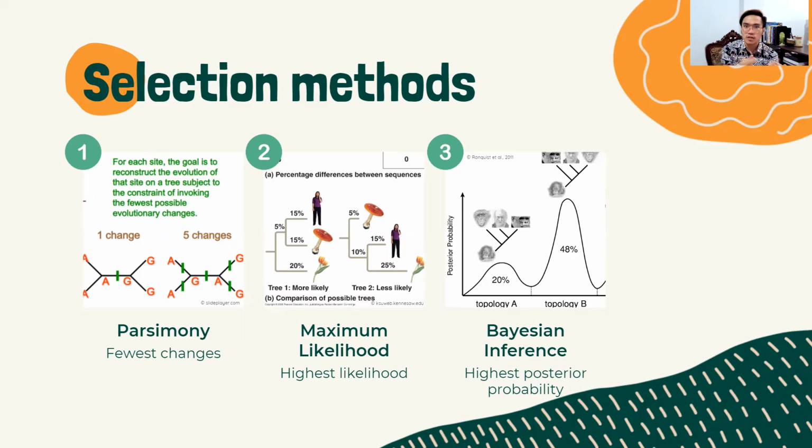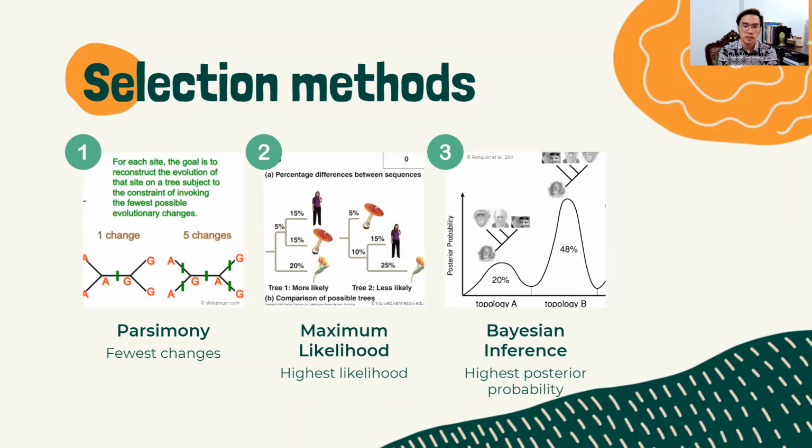And you can actually count the number of changes in the tree. Now that tree that has the fewest number of character changes, essentially that's the best tree that could represent the evolutionary relationships between the different OTUs that you have, at least according to the criterion set in parsimony.